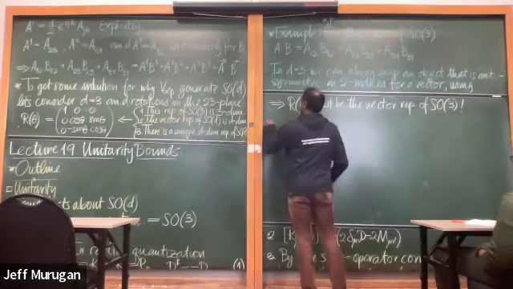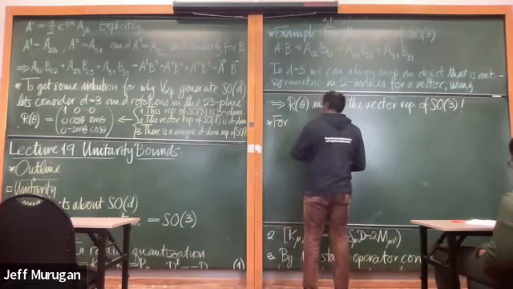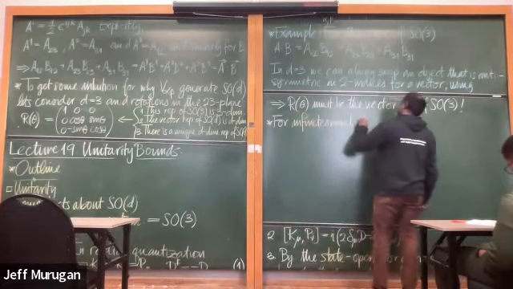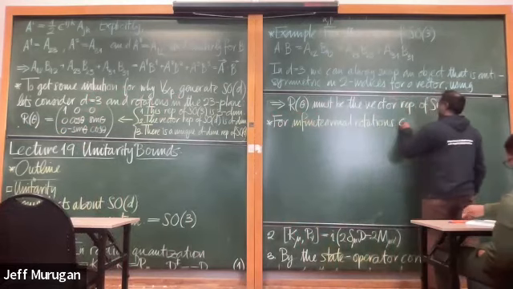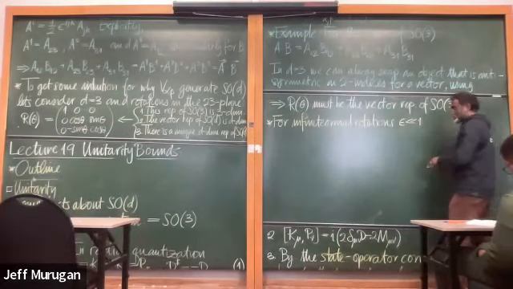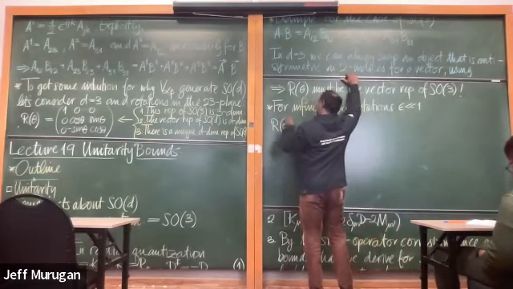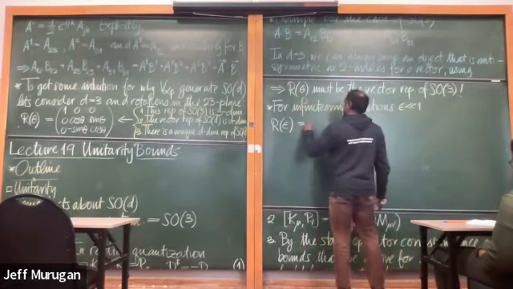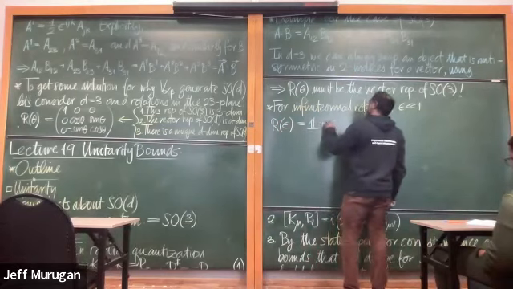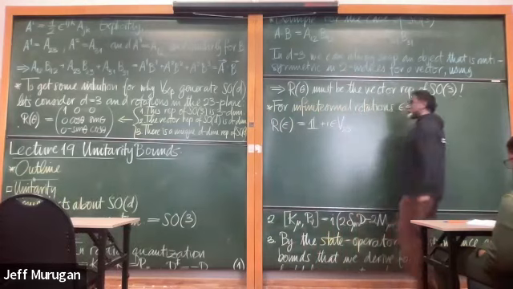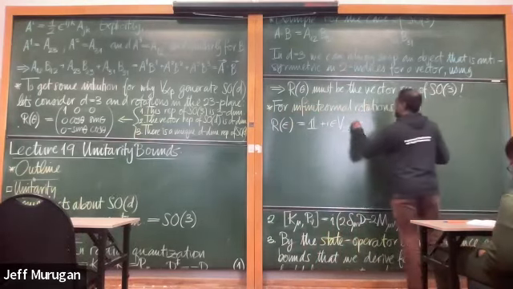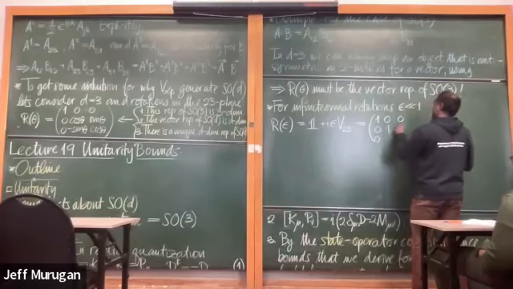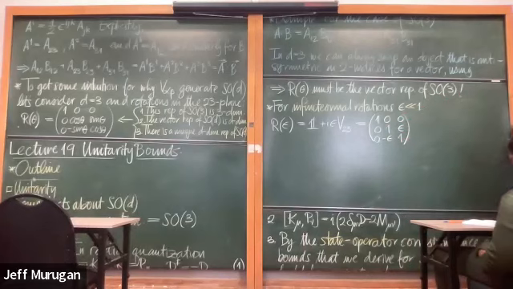So for infinitesimal rotations, then this R of epsilon can be written as the identity plus i times epsilon times some matrix I'm going to call V23, and explicitly this is 1 0 0, 0 0 1, 1 epsilon minus epsilon.